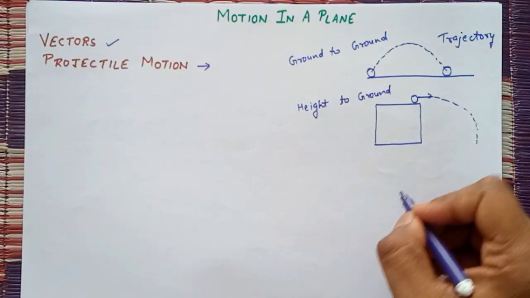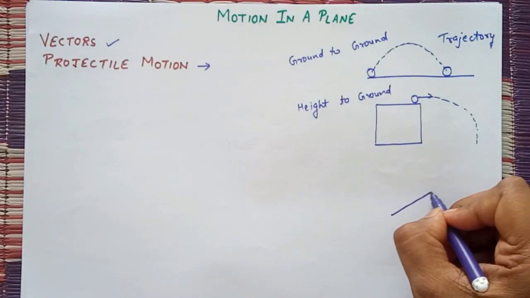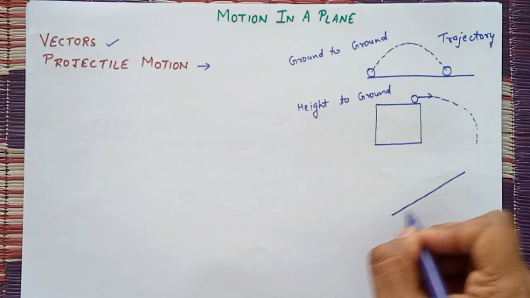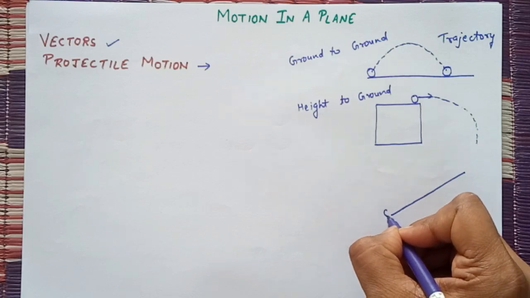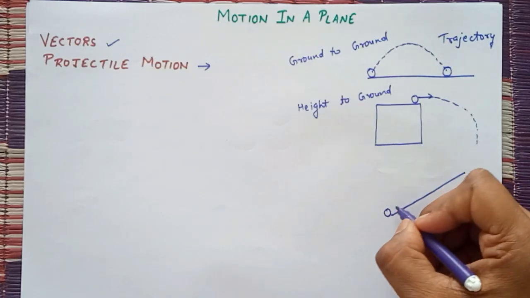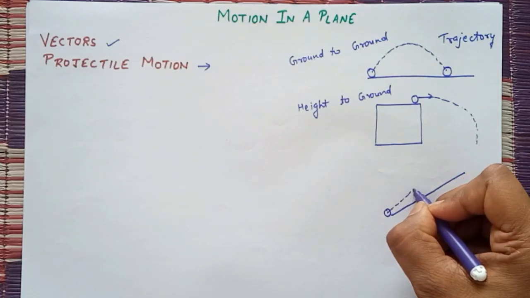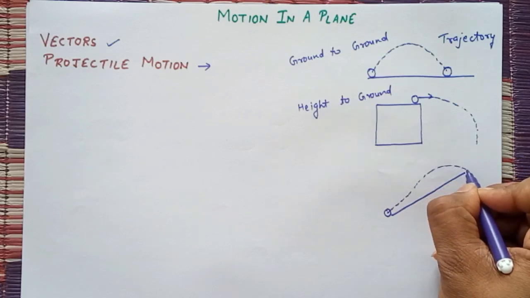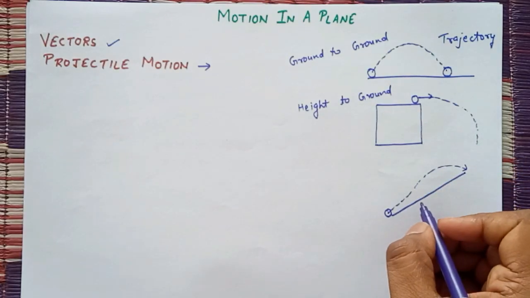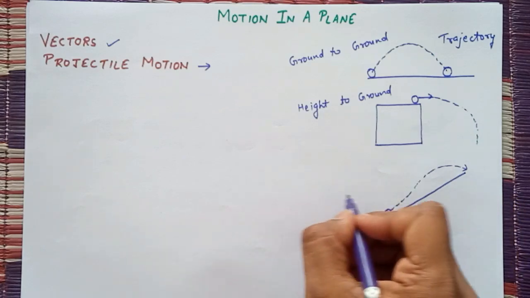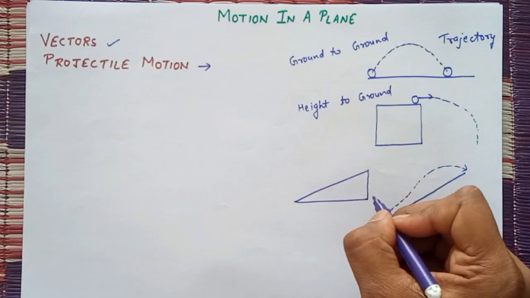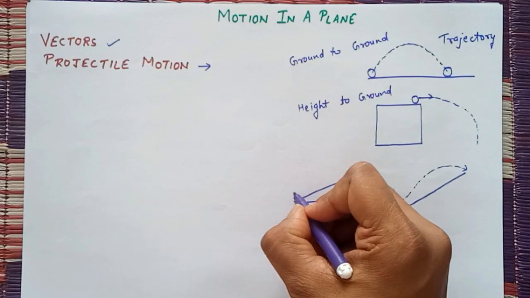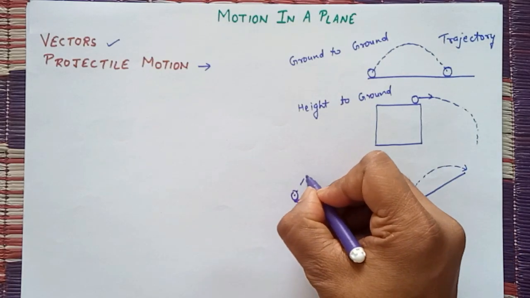One more is there. Suppose this is an inclined plane and I am throwing the object from here and it goes like this. It is not proper, let us draw it again. Suppose this is the inclined plane and I am throwing the object and it goes like this.